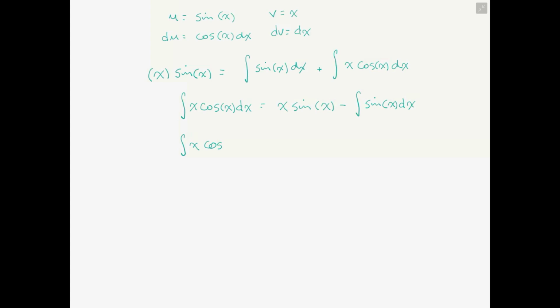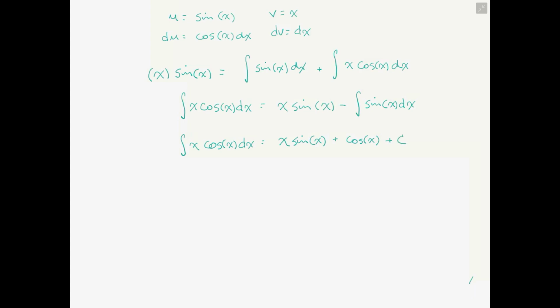And we're going through exactly the same process as we did with the previous integral, except in this case we evaluate the integral of sine x dx, or the negative sine x dx.